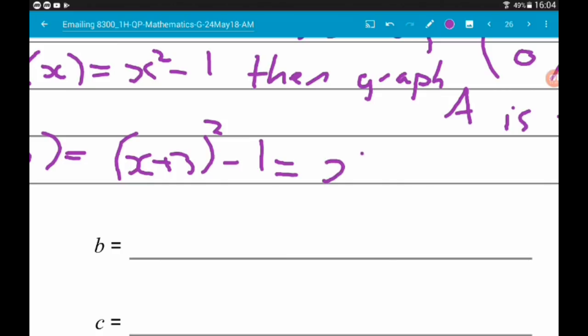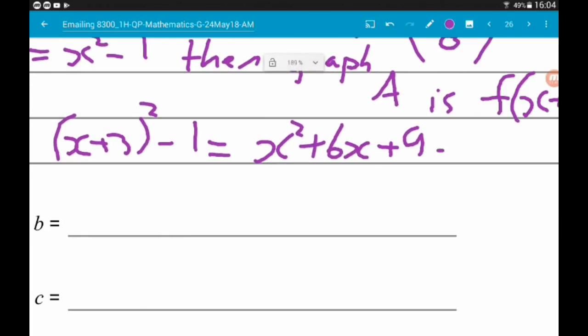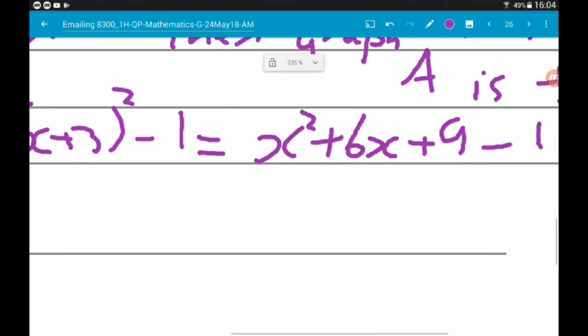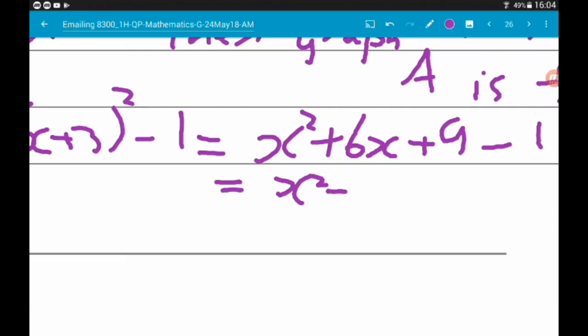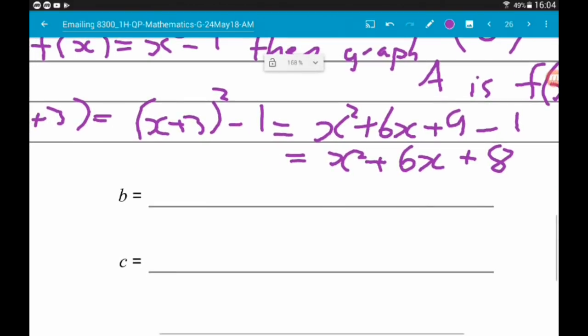So we will get x squared add 6x add 9 minus 1. So we get x squared add 6x add 8. So b is 6, c is 8. Definitely tricky stuff for GCSE level.